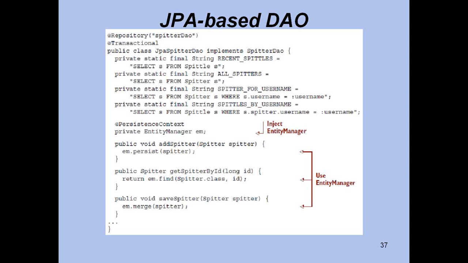Once you understand that, you are able to inject it into this entity class and use the JPA methods to store and retrieve objects. To store the object, you use the persist method, and to load the object, you use the find method. All right, so that is pretty much about JPA.